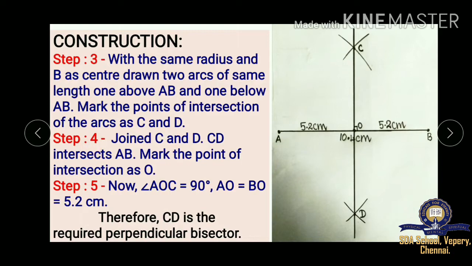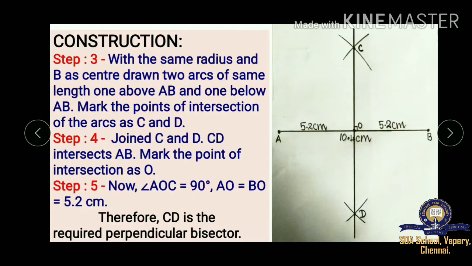Step 4: join CD, and CD intersects AB. Mark the point of intersection as O. Step 5: now using the protractor, check that angle AOC is 90 degrees, and then the perpendicular bisector divides into two equal parts, right?